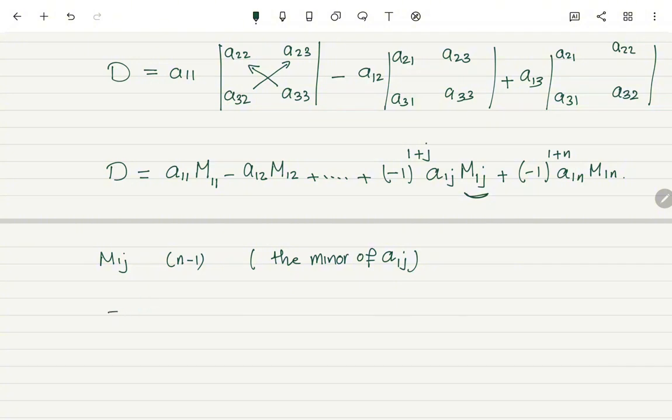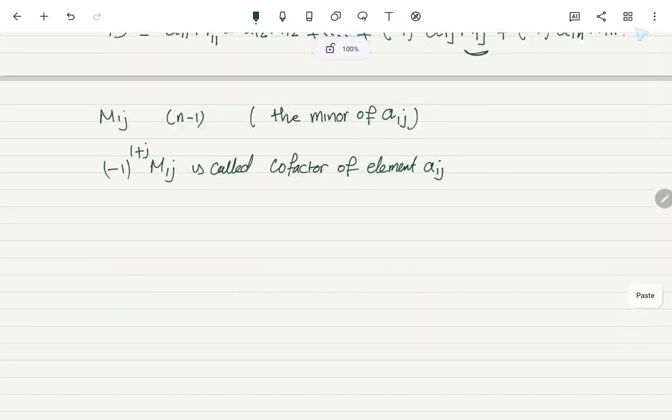And minus 1 to the power 1 plus j, M1j is called the cofactor of element A1j.